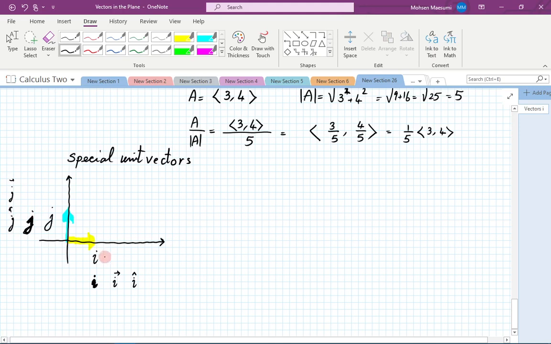Well, what is the vector i? Vector i going in the x direction is 1, 0. Who is vector j? This has no x component, but its y component is 1, so it is 0, 1. These are special unit vectors, sometimes referred to as standard unit vectors.